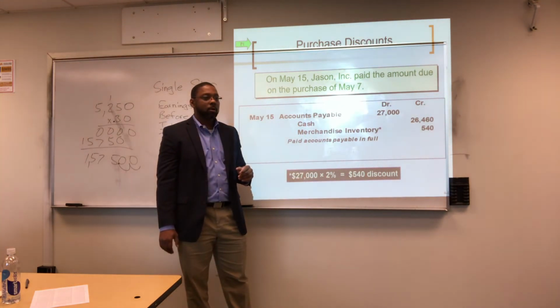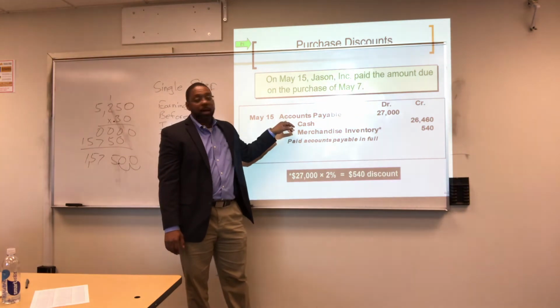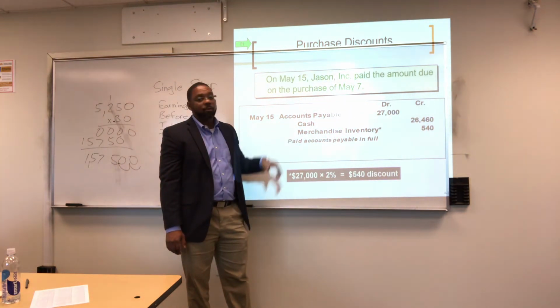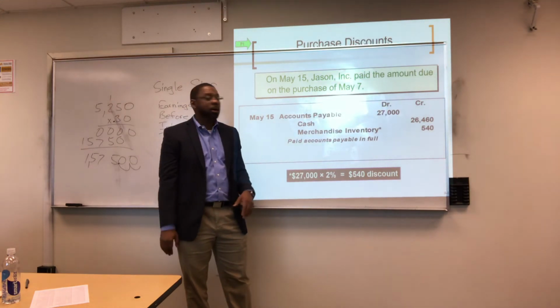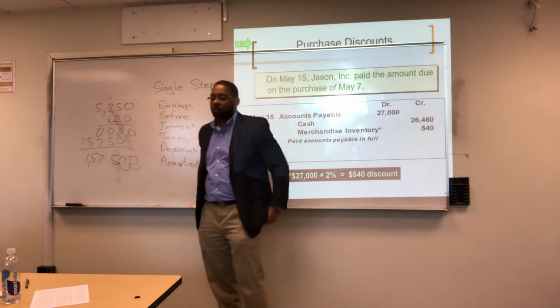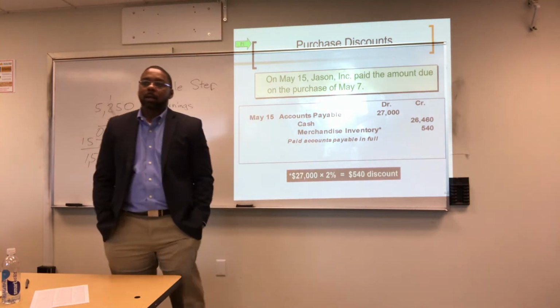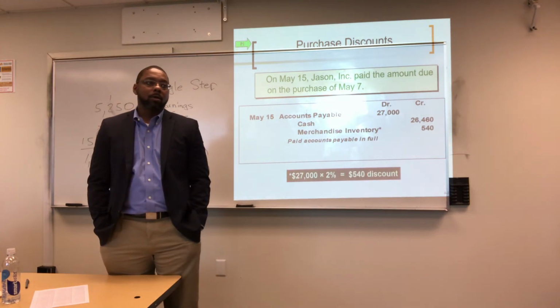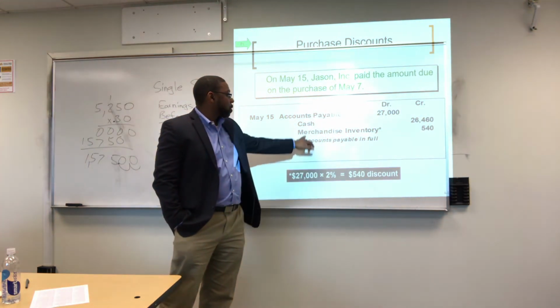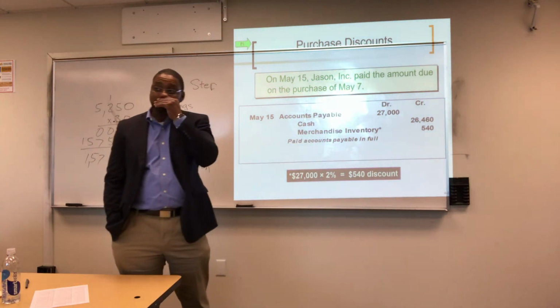Are you with me so far? So we paid off our bill, so we're going to debit the accounts payable, because we don't owe the credit. We sent them a $26,460 check, so we're going to credit the cash. And then for the $540 discount, we're going to credit the merchandise inventory.